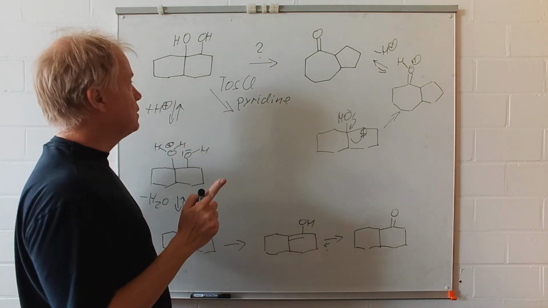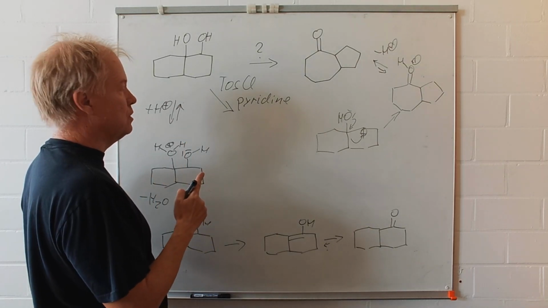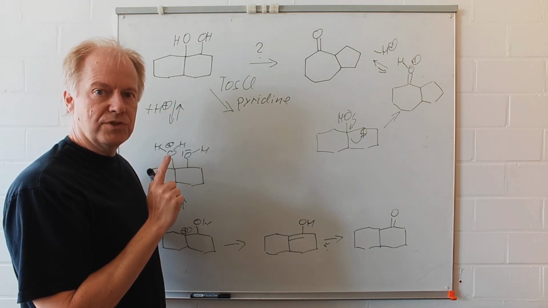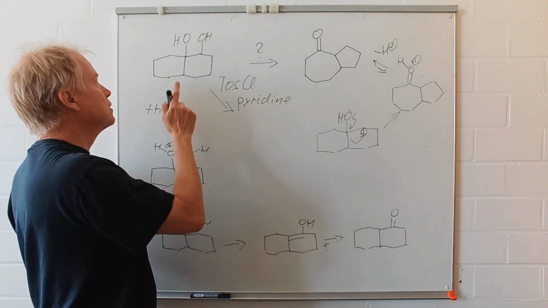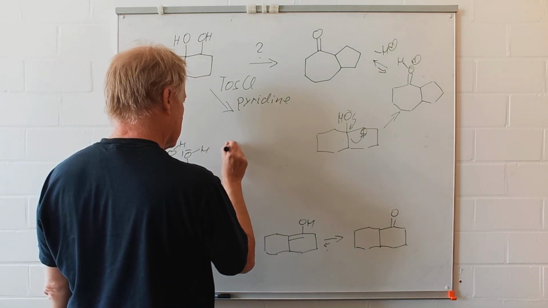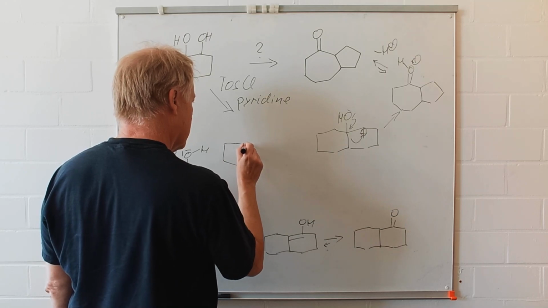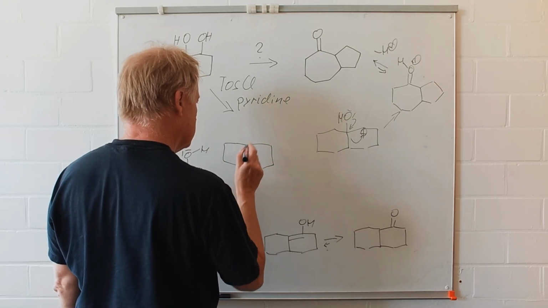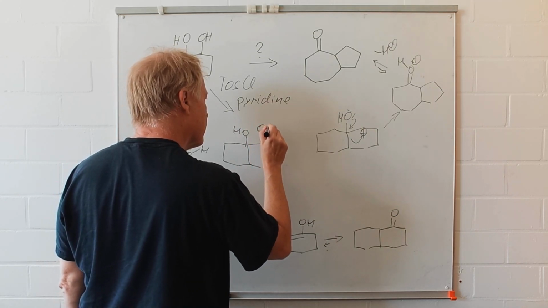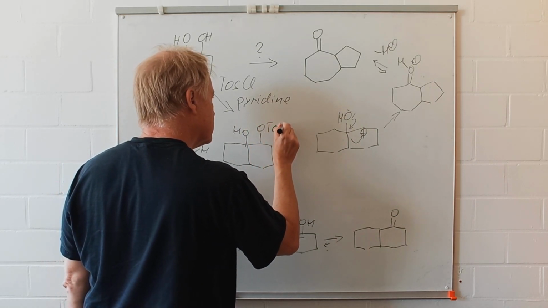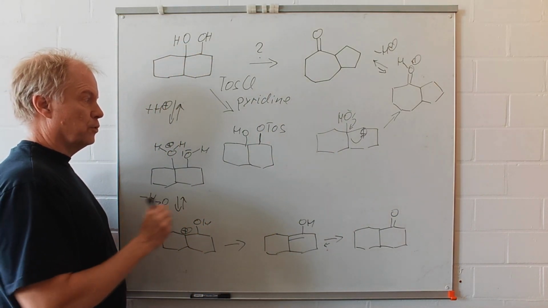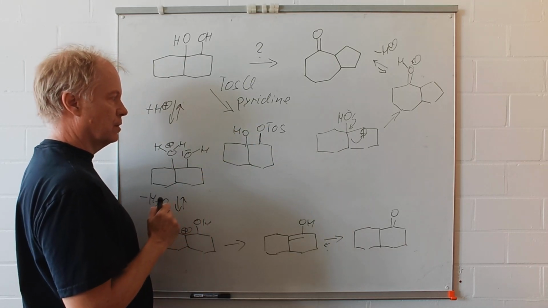The selectivity is simply achieved by the fact that the secondary alcohol is sterically less hindered compared to the tertiary alcohol, and highly selectively we will achieve the formation of this para-toluenesulfonic acid ester.